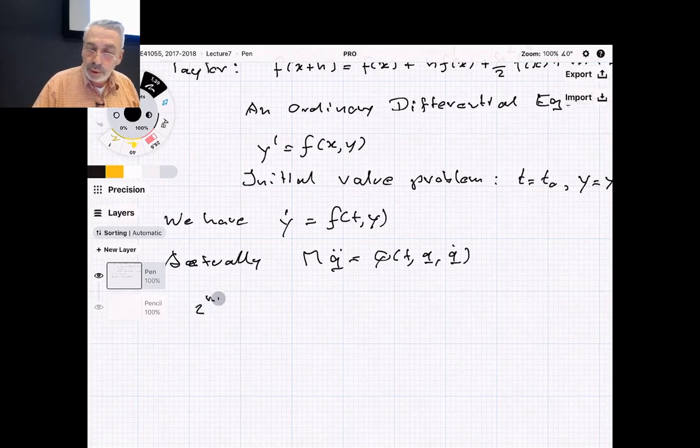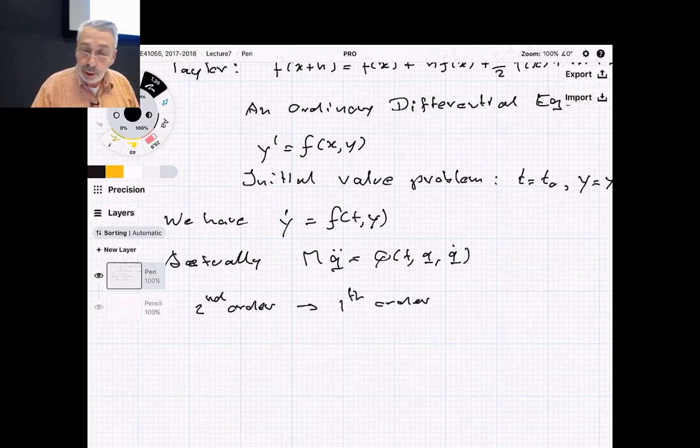So from second order, we go to first order. And how do we do that? By simply saying a new variable. We say p is q dot, something like velocity. And then this is already a differential equation, right? And then I substitute all that stuff in here, and I get m times p dot equals a function of t, p, and q.